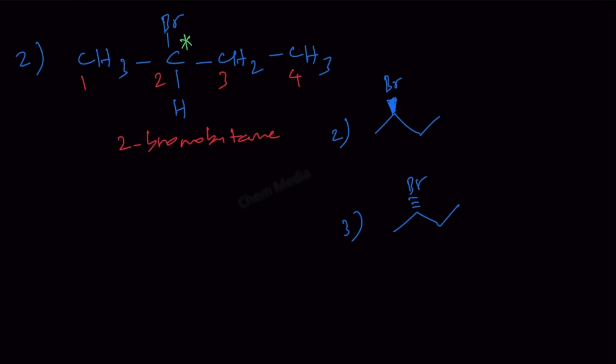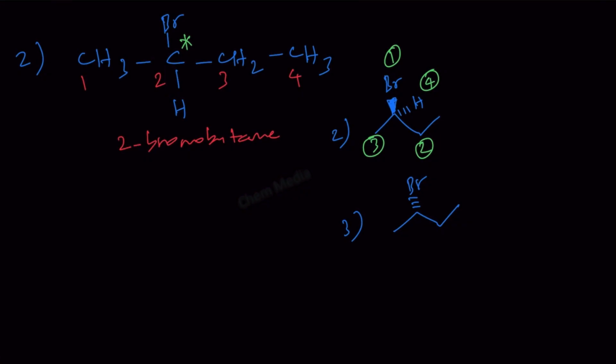Let us assign the absolute configuration. As per Cahn-Ingold-Prelog rules, we know that bromine will get the top priority because atomic number of bromine is higher than atomic number of carbon. And then the hidden hydrogen here will get the least priority, then the ethyl group will get the second priority and then the methyl group will get the third priority.